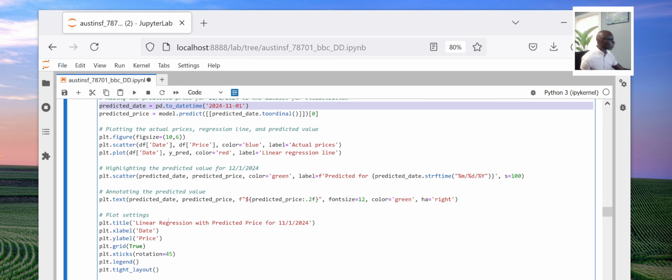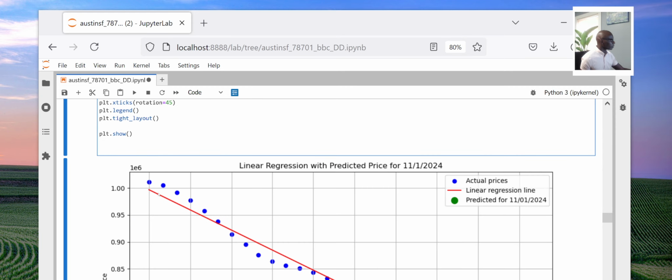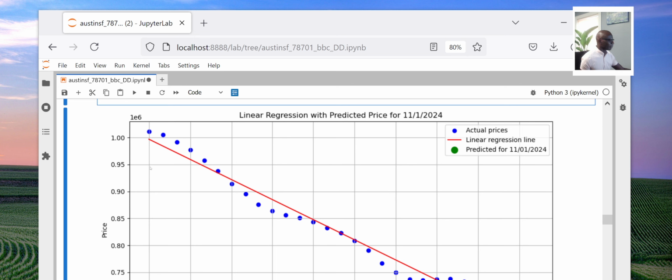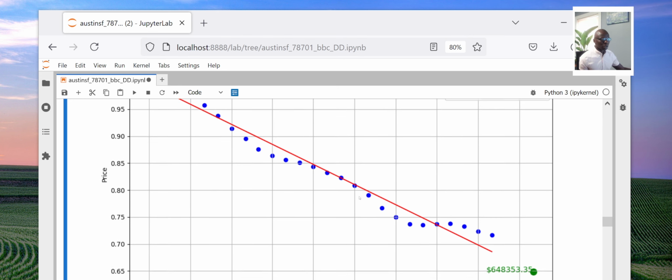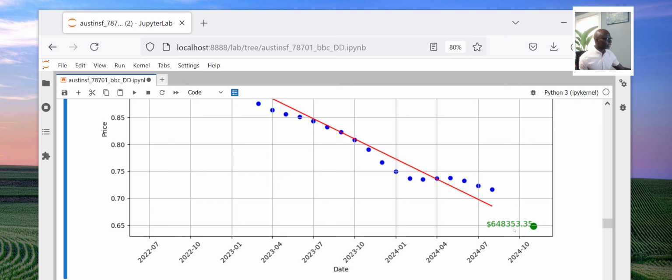We want to see the predicted price using the historical data set. And this is what our supervised learning machine model is arriving at. So we're looking at, in November 1st, $648,353 predicted price for a single family home in Austin, Texas, based off our historical data set that we used to compute, and I just illustrated above.